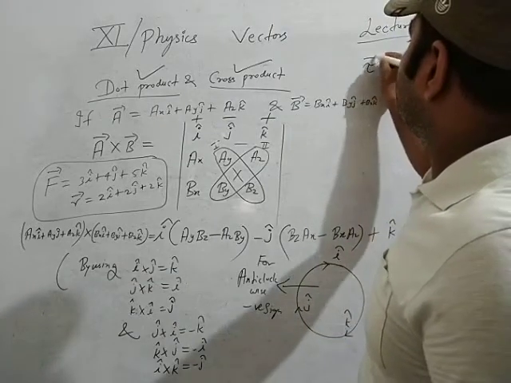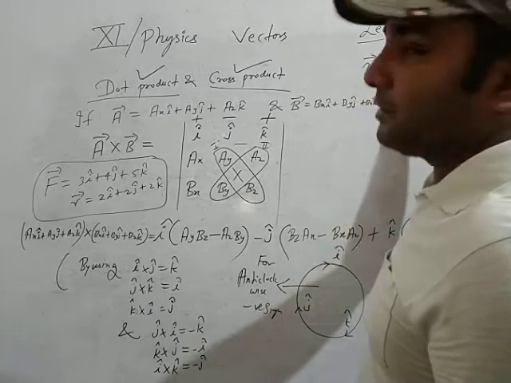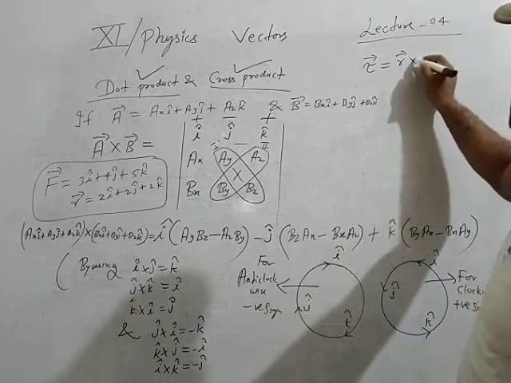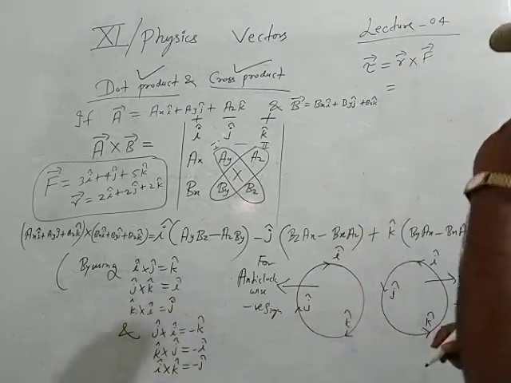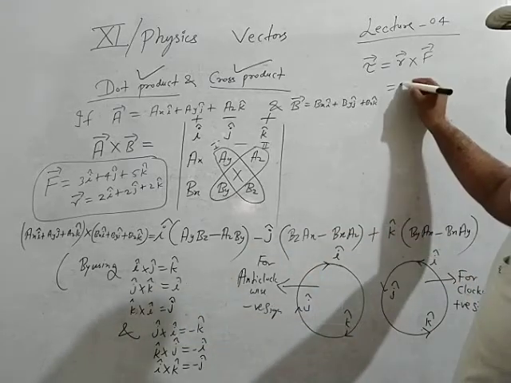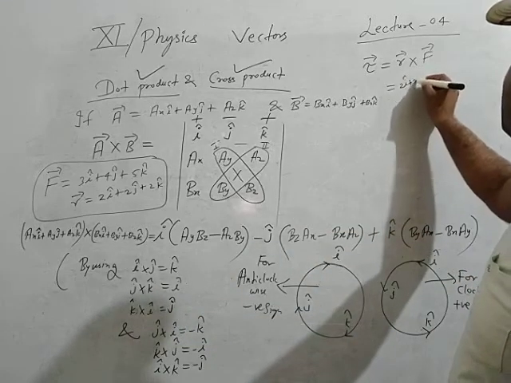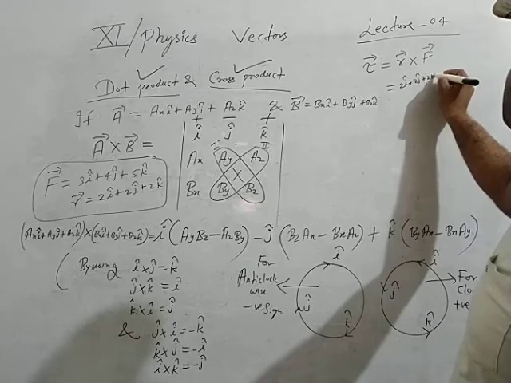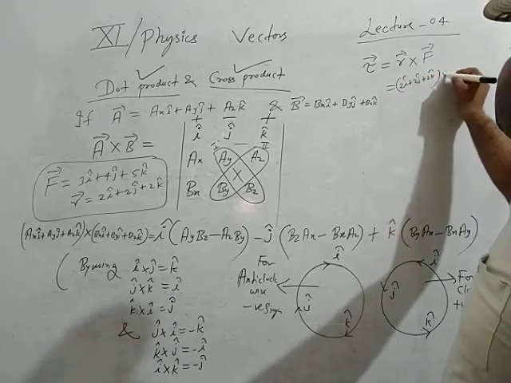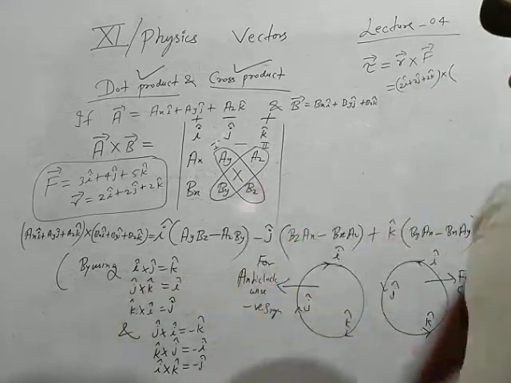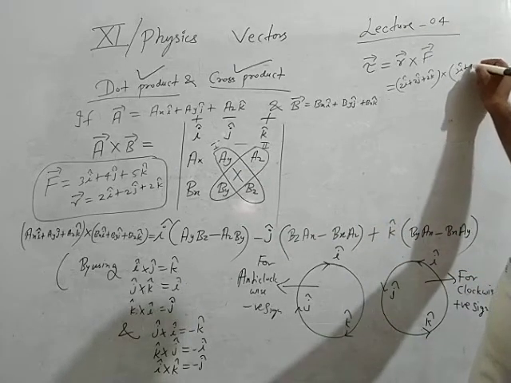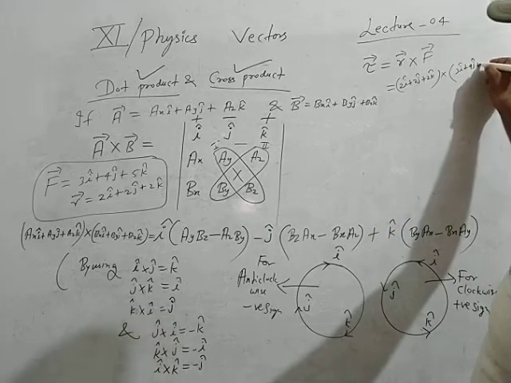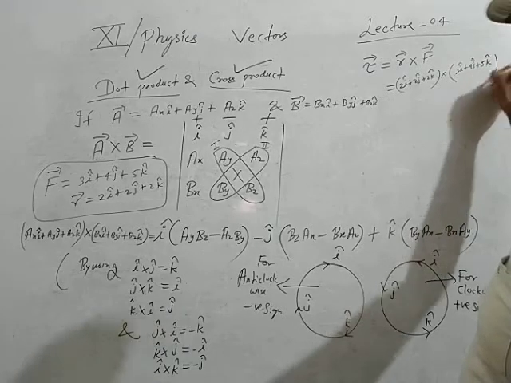Here the turning effect of force, that is tau or torque, is R cross F, and here R is 2i plus 2j plus 2k, cross 3i plus 4j plus 5k.